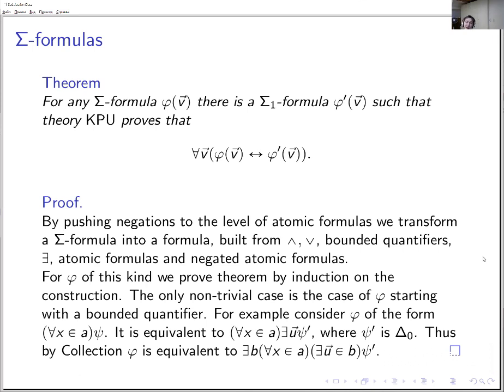So basically, if we have the formula for x from A, there exists u such that psi prime, then actually it's going to be equivalent to the formula: there exists B such that for all x in A there exists u in B such that psi prime. Basically, this is easy to show by using the axiom of collection.